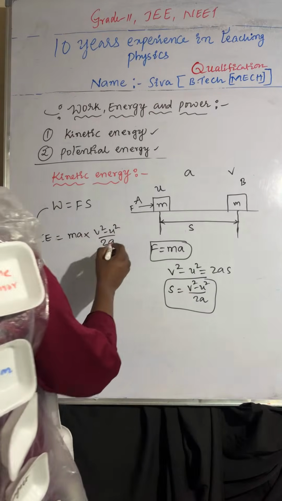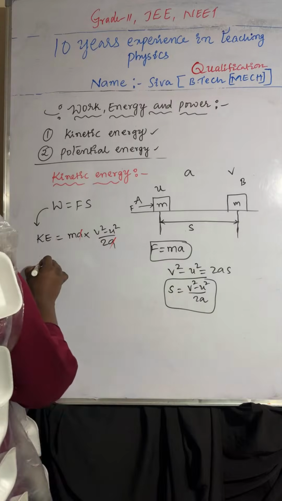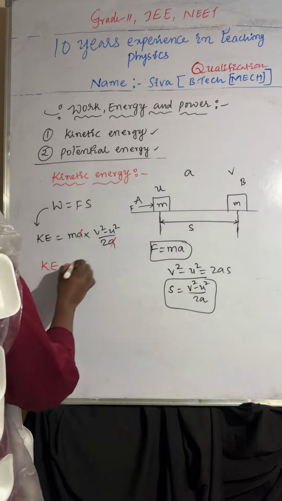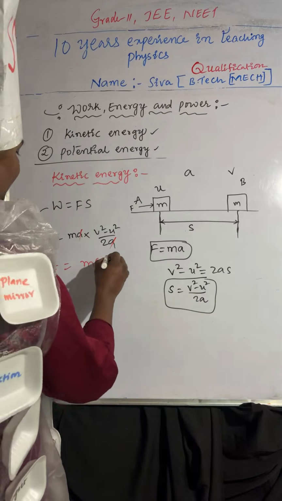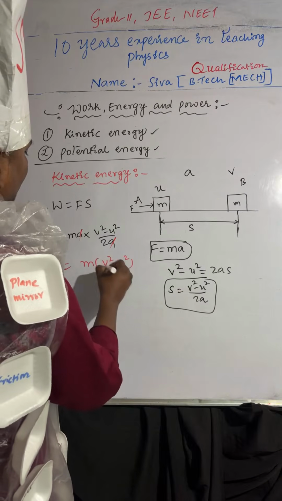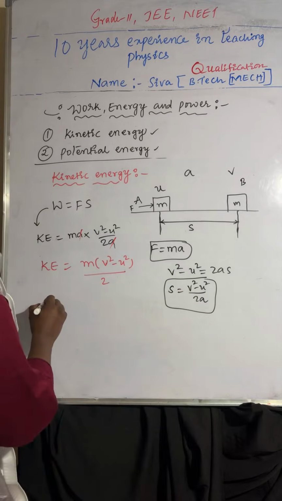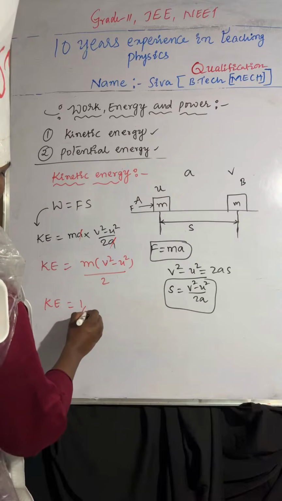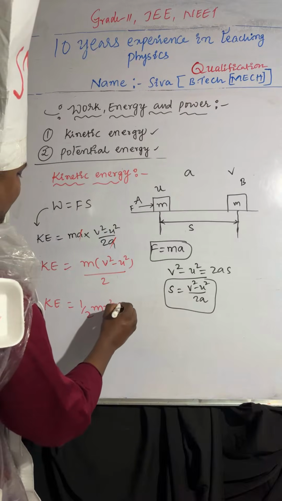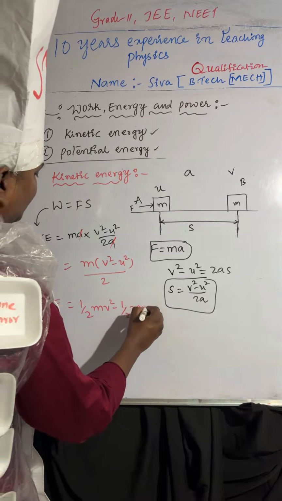So here a can be cancelled. So K equal to m into v square minus u square by 2. Now K equal to half mv square minus half mu square.